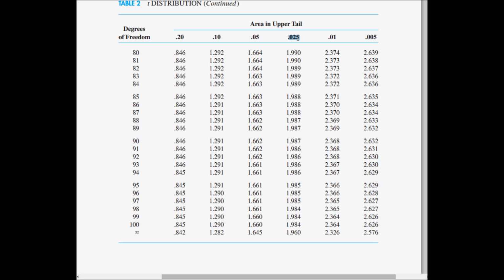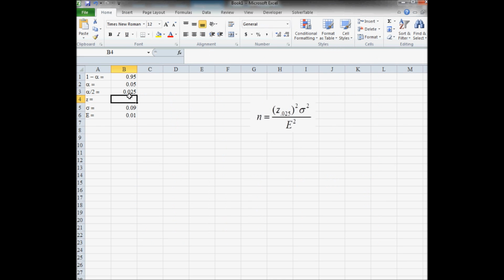Notice that in column 0.025, the value in the infinity row is 1.960. This gives us 3 decimal place accuracy, whereas the standard normal table only gives us 2 decimal place accuracy. I'm going to copy in 1.960.